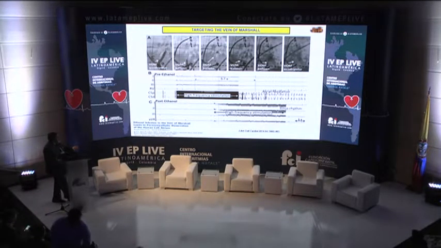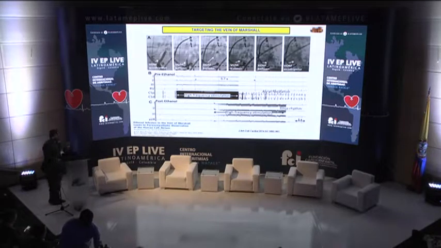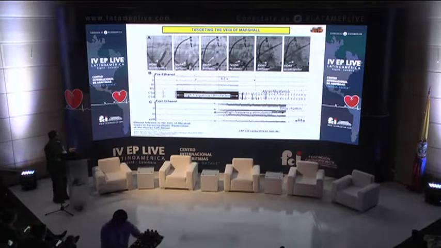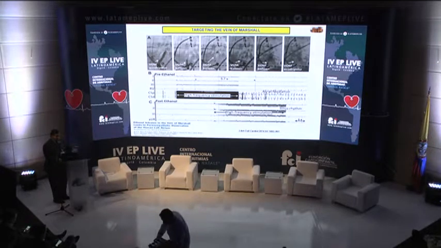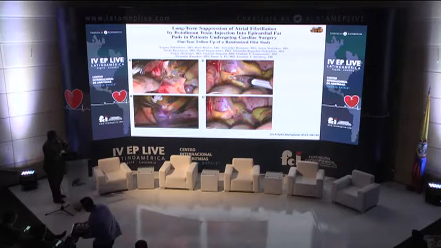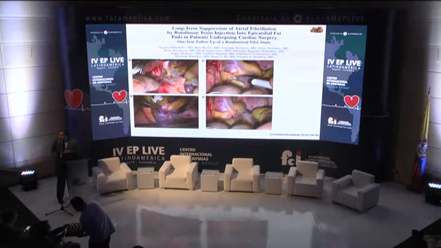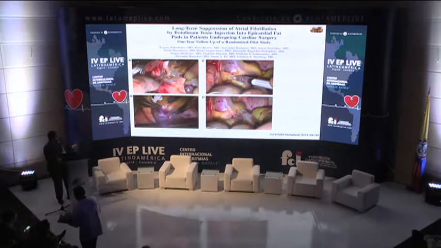And this is one example where they actually show a regionalized parasympathetic denervation of the human left atrium. So remember that ligament of Marshall intervention has a structural component, but it also has a very critical autonomic component. The other exciting data that came out in the field, in the literature, is this data set.